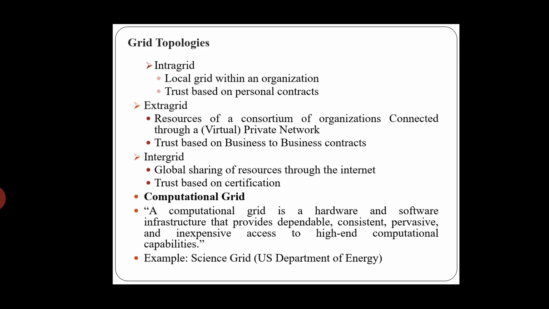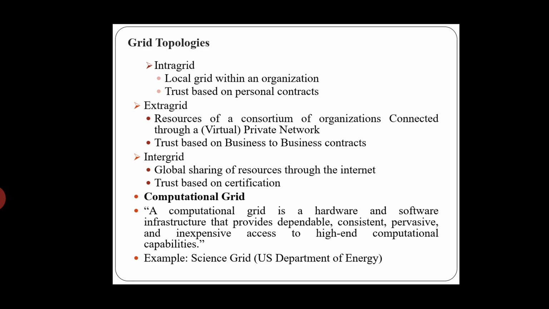Here we have to learn what a computational grid is. It is a grid in which machines set aside resources to number crunch data or provide coverage for other intensive workloads. Data intensive workloads are referred to as big data.